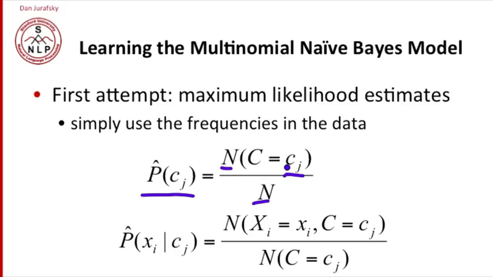And for the likelihood, we want to know how likely a particular feature or word is given a class. We'll just say, out of all documents with a particular class, in those documents, how often did we see this particular feature occurring with that class?